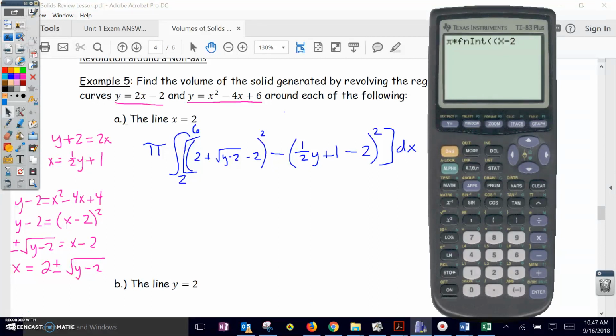Minus quantity 1/2 x minus 1. That's what I get when I simplify that. That quantity squared with respect to x, from 2 to 6. And I get 8.378.